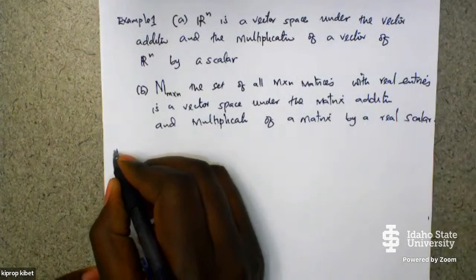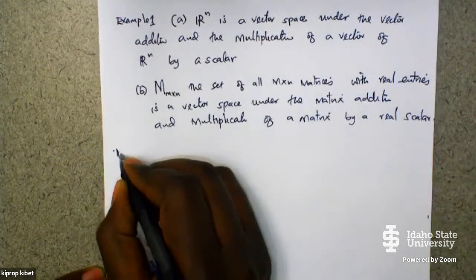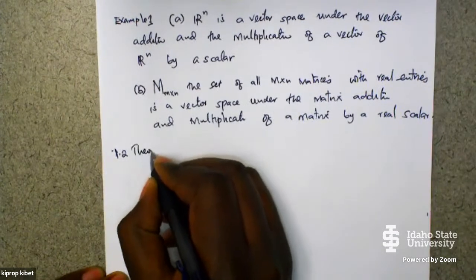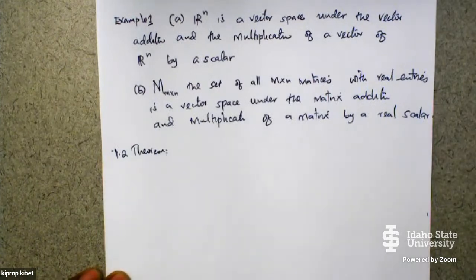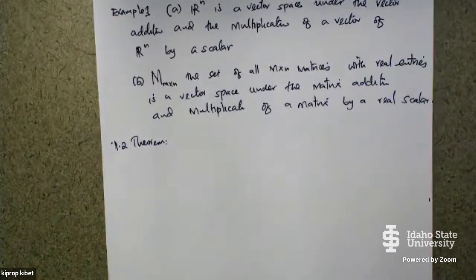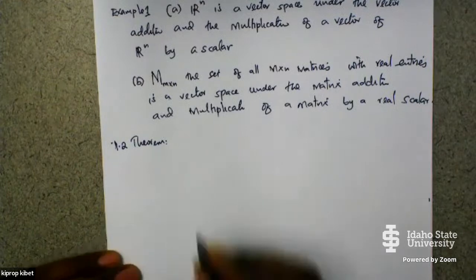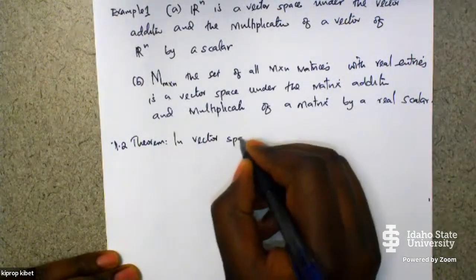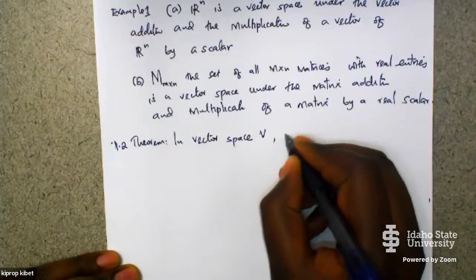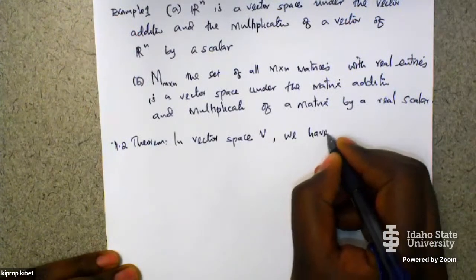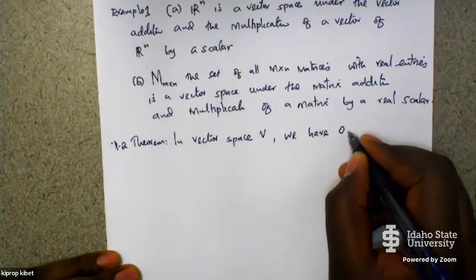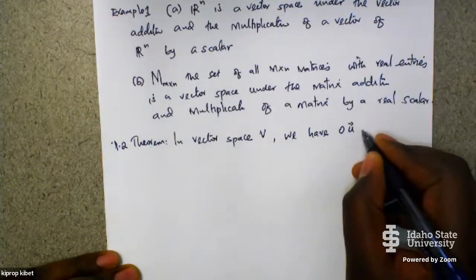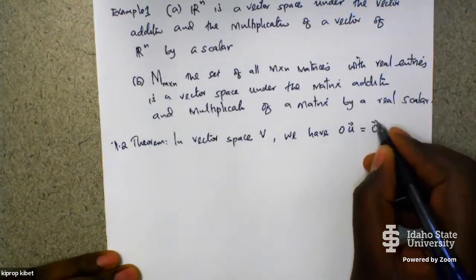Okay, let's look at another theorem here, which is theorem 1.2. In vector space V, we have 0u, which is equal to the 0 vector.